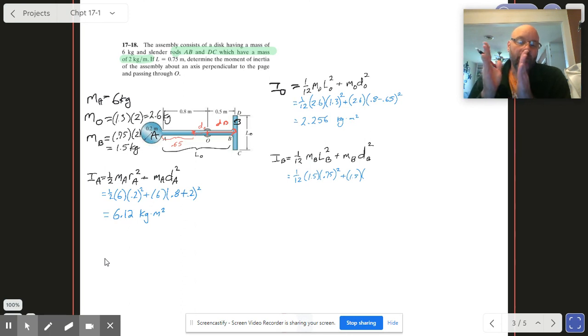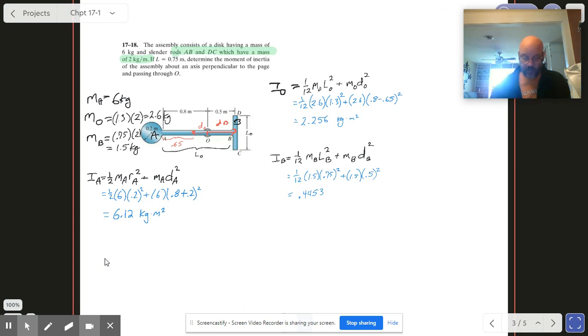So we'll just assume that they're thin compared to how long they are, and we don't have to worry about figuring out what halfway over is and some of those sorts of tricky bits. So this offset distance is just a half. And we run the numbers on that, and we get 0.4453. Okay, so those are the individual values for the moments of inertia.